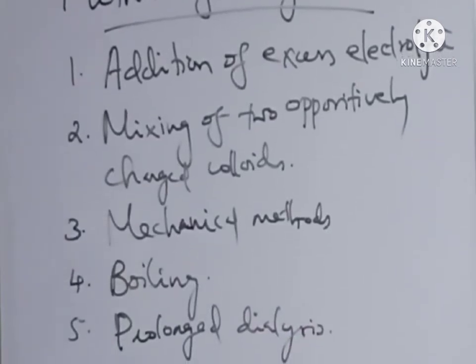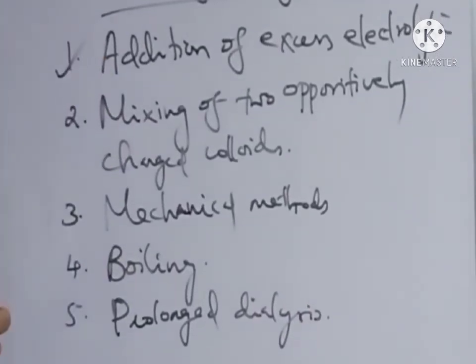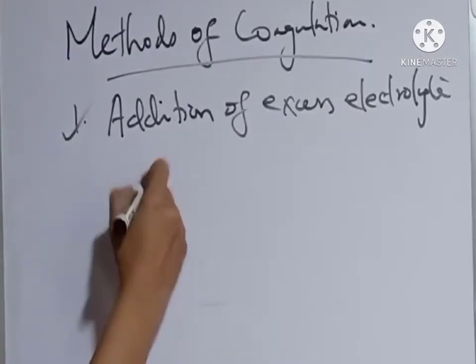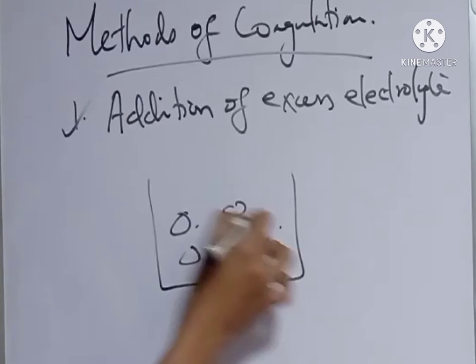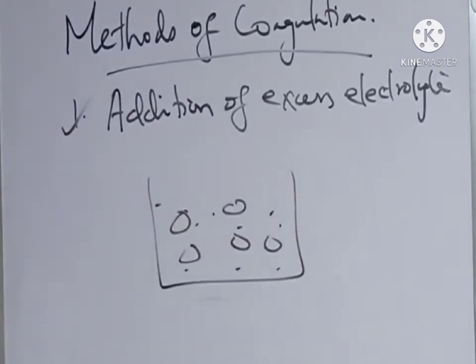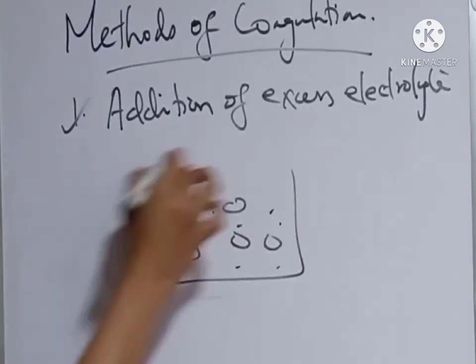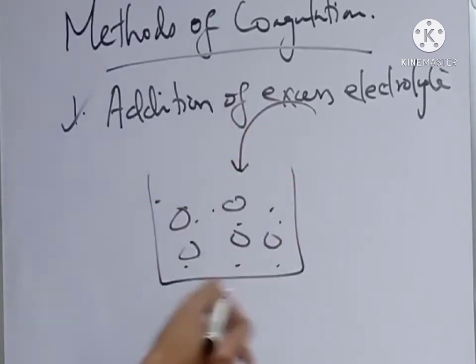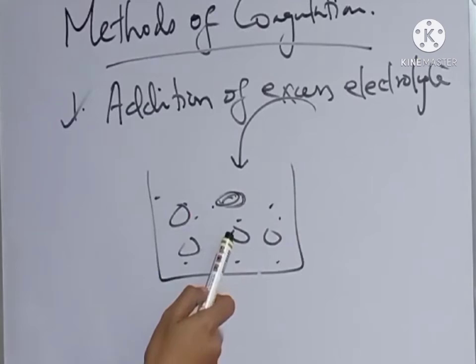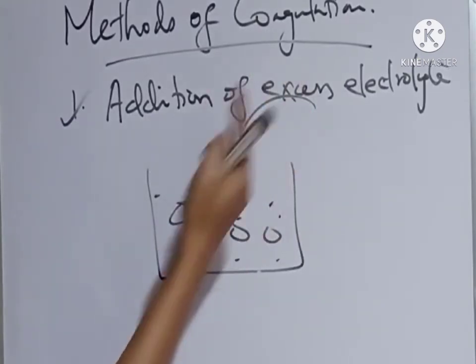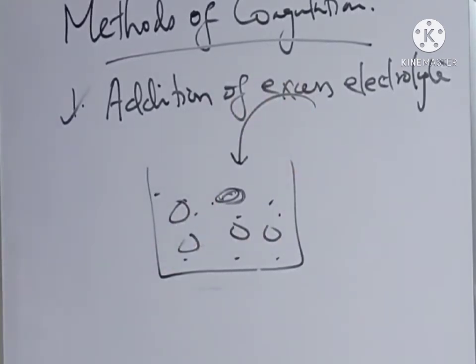So the first one is addition of excess electrolyte. We know a colloid is prepared by adding a suitable amount of electrolyte to the colloidal particles. But if excess electrolyte is added into the colloid, the electrolyte added has a charge opposite to that of the colloidal particle.